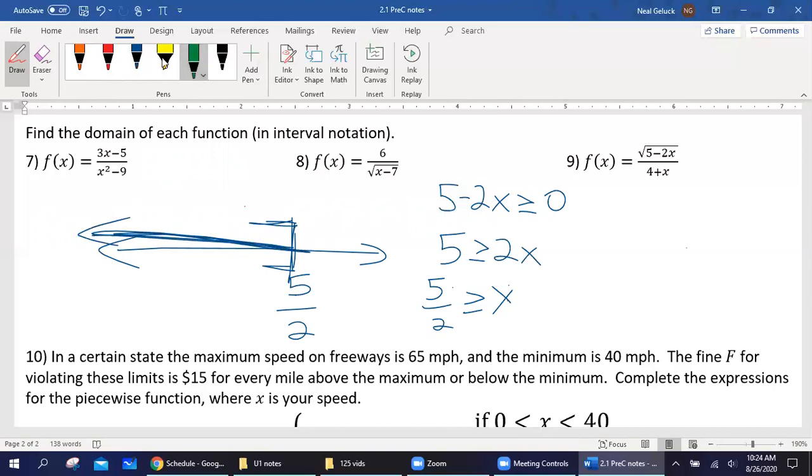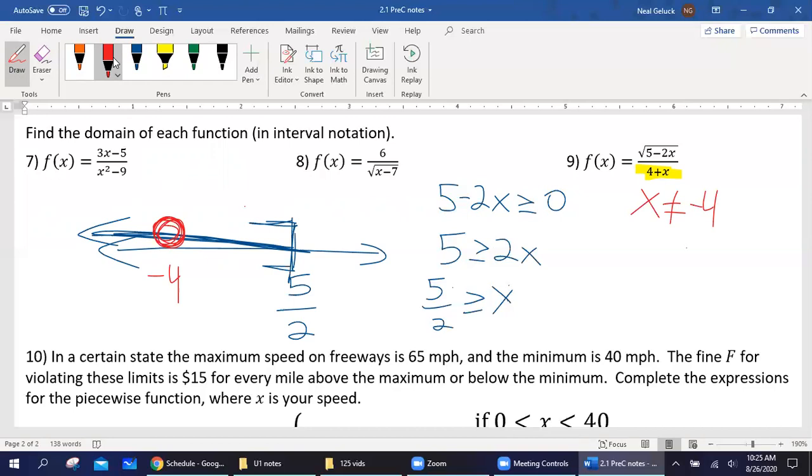But I do have that little hitch that there is a number that would cause division by 0. That number is -4. So x can't be -4. So that means, if you think about it on the number line, I've got to add a small open circle, in the old-fashioned way of doing it, at -4.